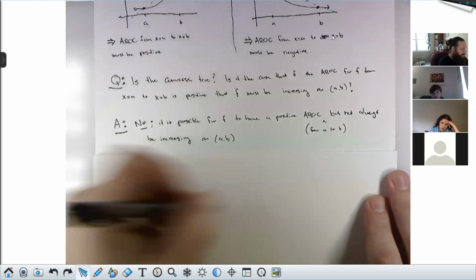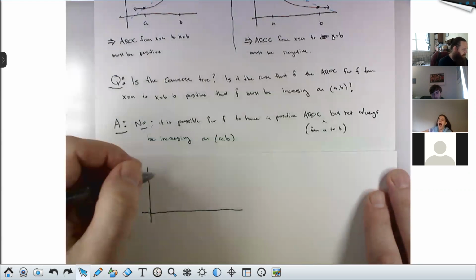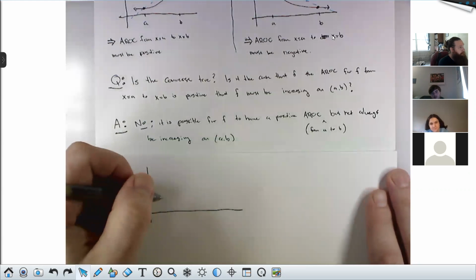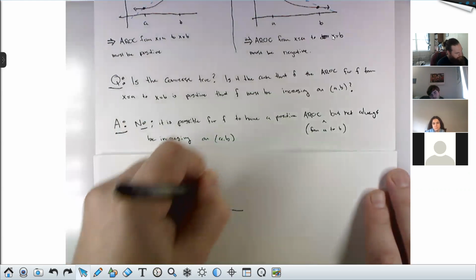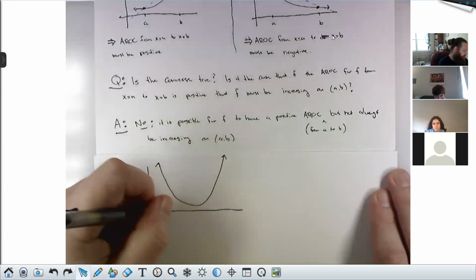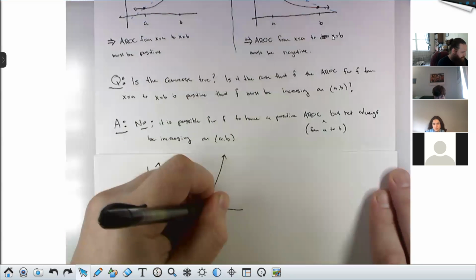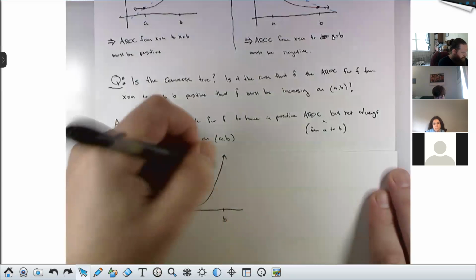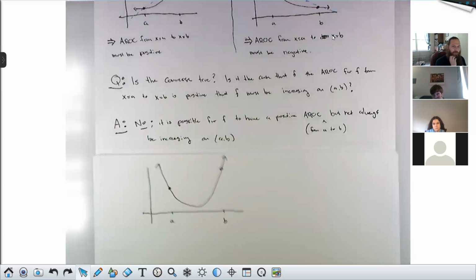Okay, so we want a positive average rate of change, but not necessarily increasing the whole time. Here we go.